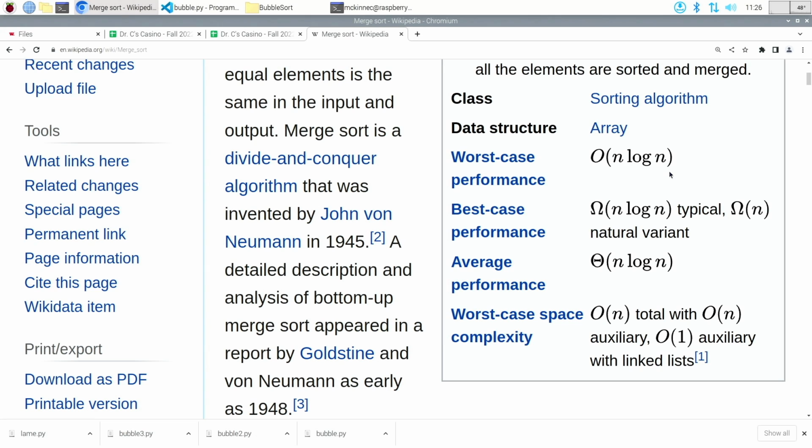Okay, so the log of n. Typically in computer science, not always, but typically when we say log, let me actually back up. In math class, if you saw log of n, what would you assume? It's base 10, and if you wanted to compute the log of a specific number, which button on the calculator would you hit?